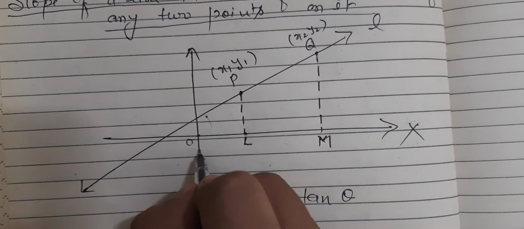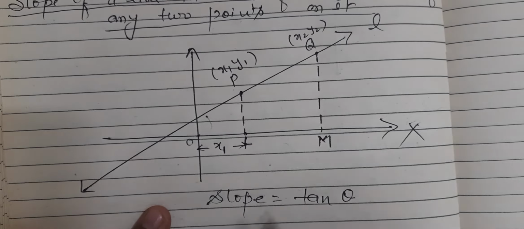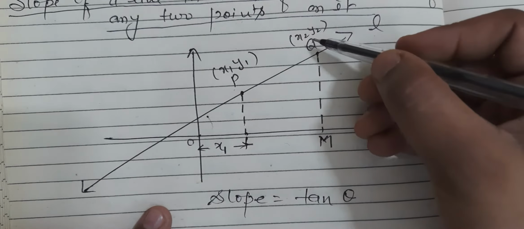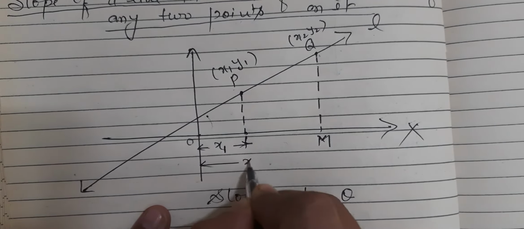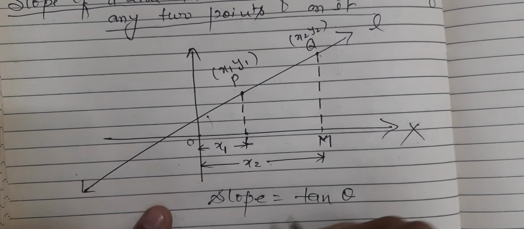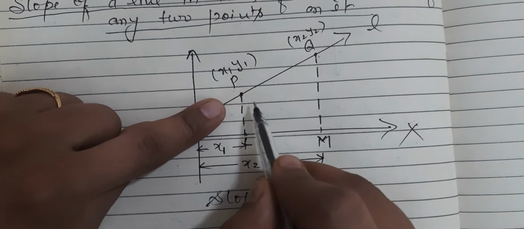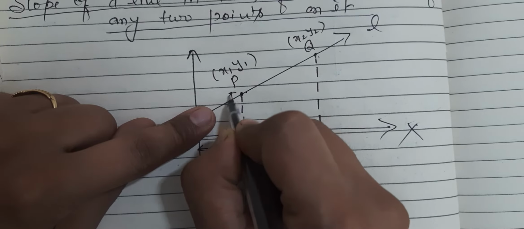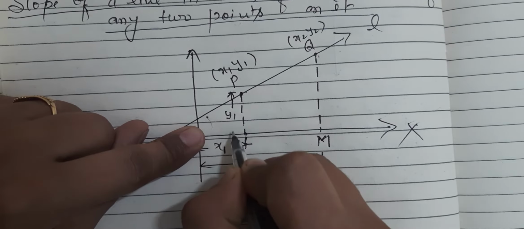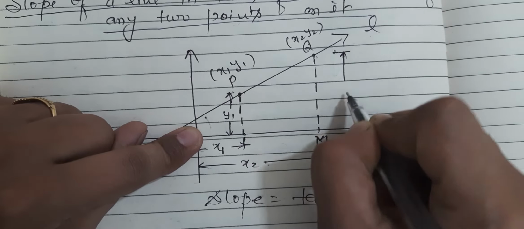So this distance is actually x1. Similarly, here the x-coordinate is x2, meaning this distance is x2. Similarly, from this point the vertical distance is y1, and here the vertical distance is y2.